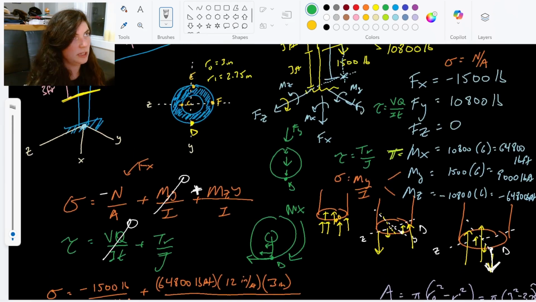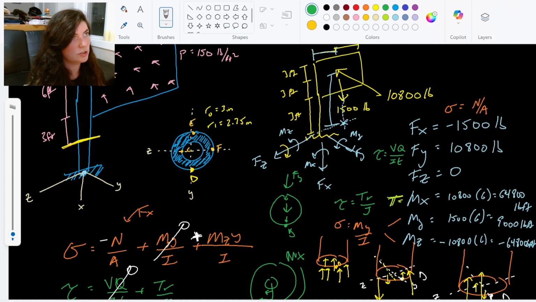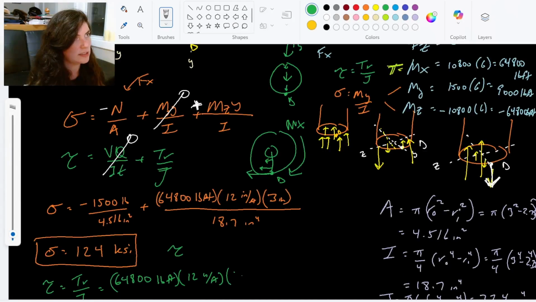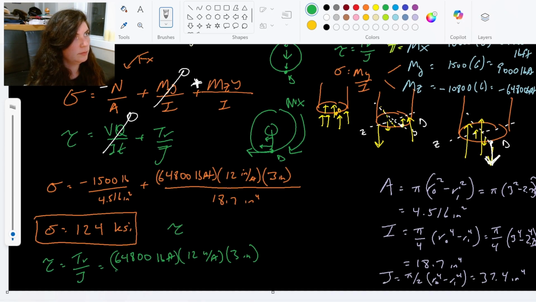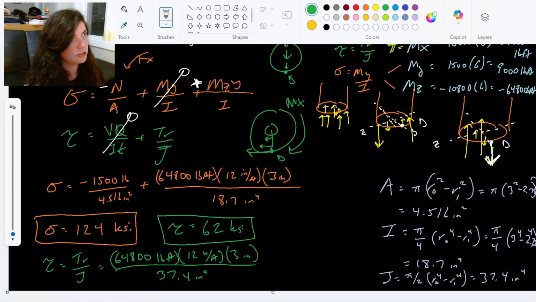So the radius being the radius from the center to the point we're interested in, which is the full radius here, so 3 inches. Over that polar moment of inertia, 37.4 inches to the fourth. Punch it into my calculator and get about 62 kips per square inch.